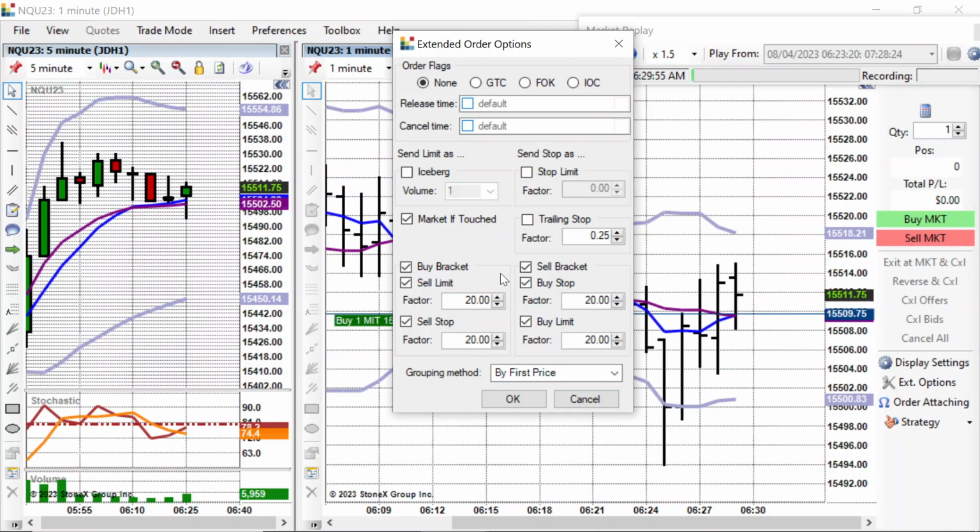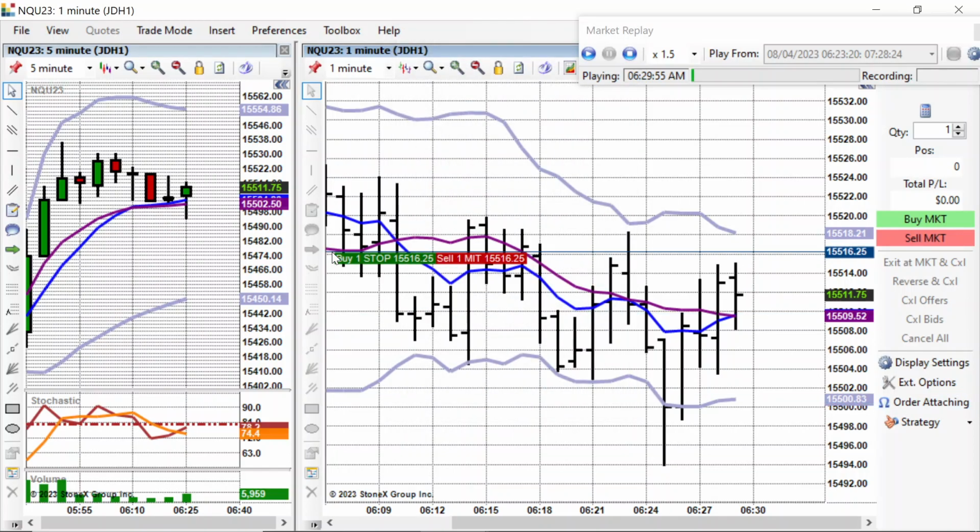The limit order would normally get you out at your price or better, so it guarantees your price, or in this case, point value, but it doesn't guarantee execution. So I'm more concerned with getting the trades executed. So I hit market if touched, which will automatically go to a market order if the price bars touch that point, if that makes any sense. So that's how I set up the brackets.